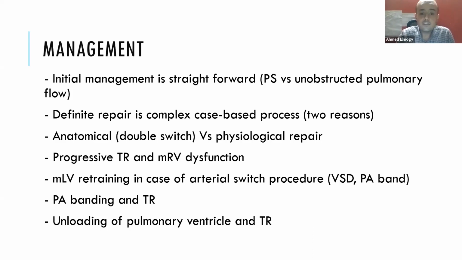Of course, there is LV training, if we decide to go for the arterial switch procedure. Since the left ventricle is accustomed to the low pressure of the pulmonary artery, when we want to make it the systemic ventricle again, this needs to be planned beforehand with different types of procedures to achieve this training.